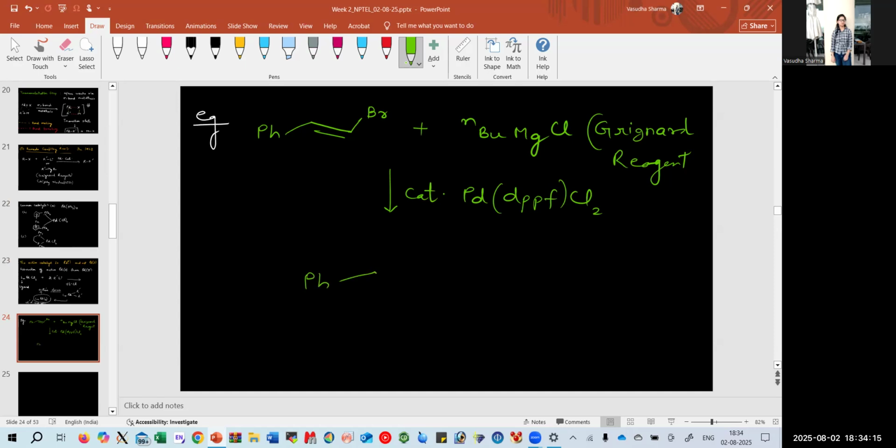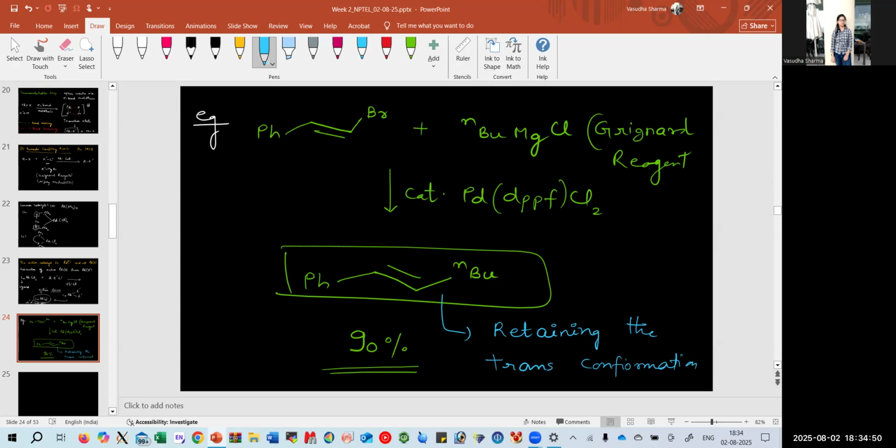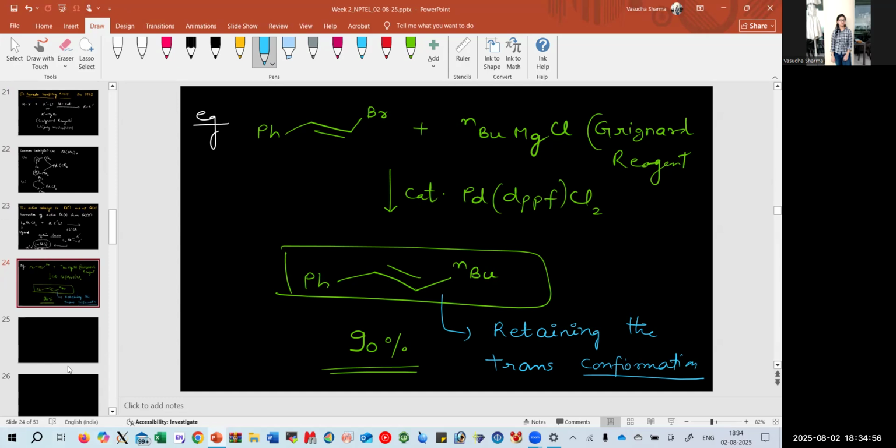We end up getting the double bond and the butyl group, formed in 90% yield. The important point here is retaining the trans conformation. So it retains the geometry in the case of Kumada reactions.